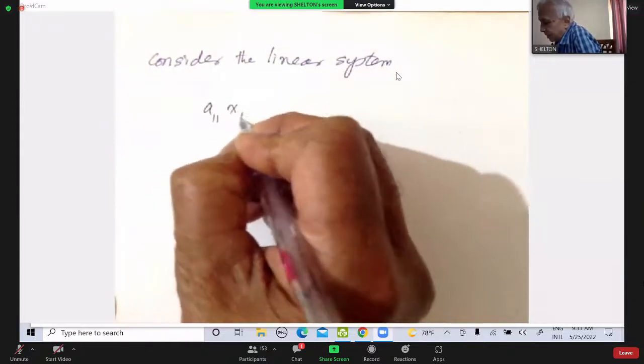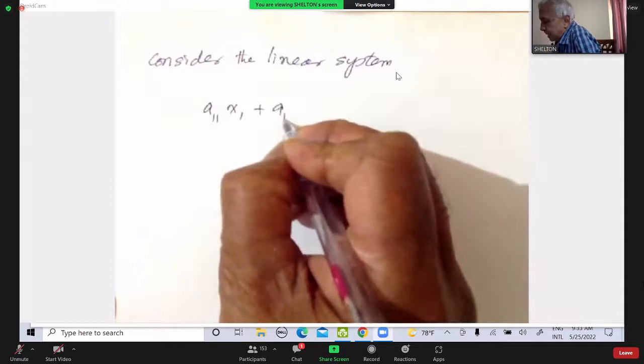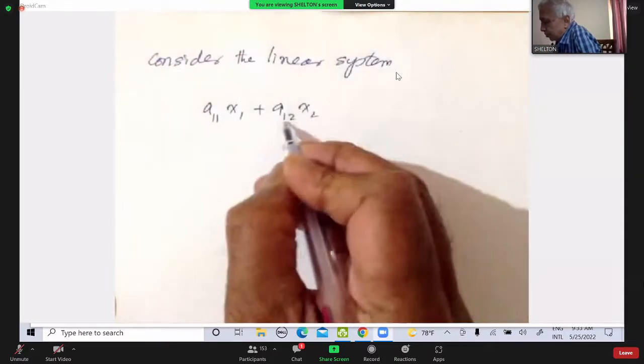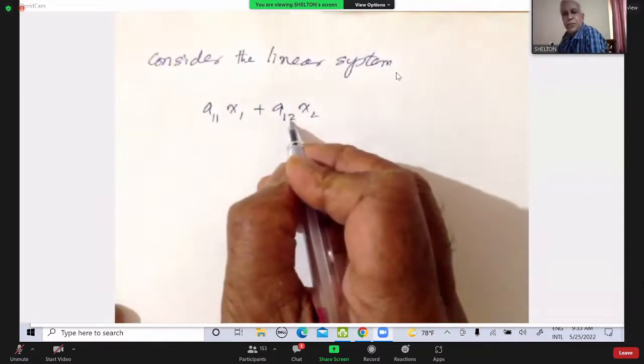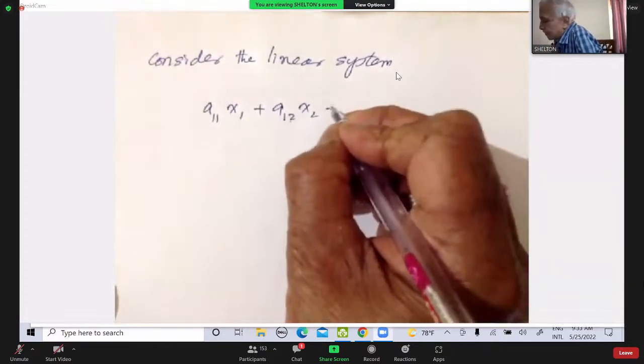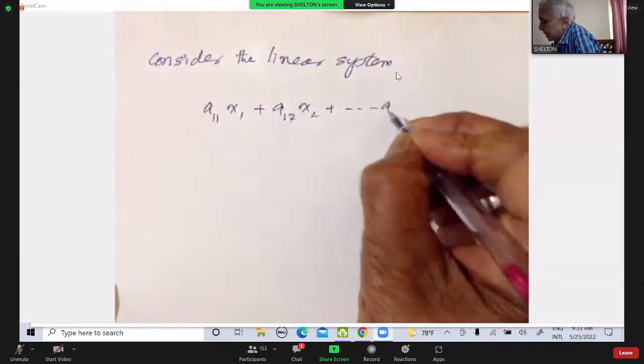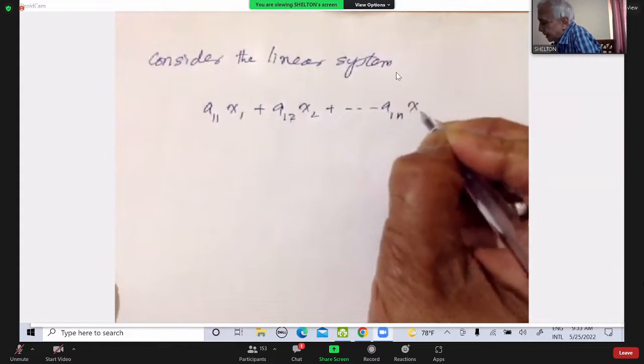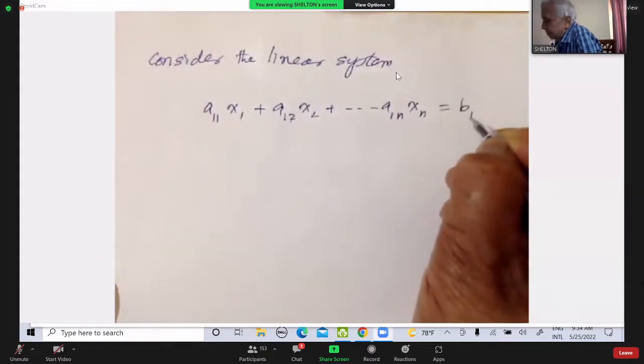a11 x1 plus a12 x2, row number first, position second, up to a1n xn equals b1.